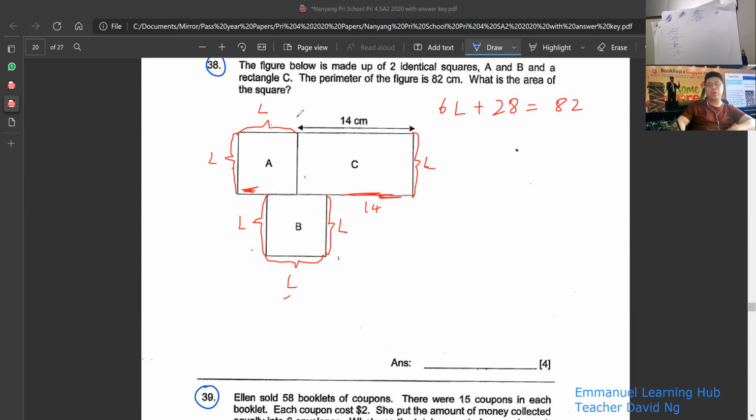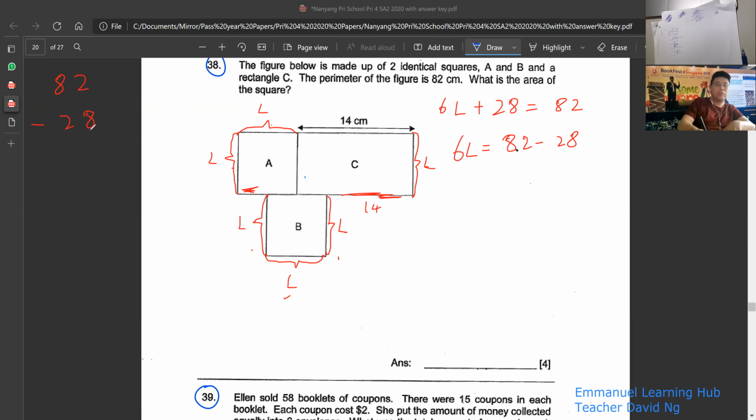Yes, because the perimeter is 82. So 6L is equal to 82 minus 28. Do you agree? You understand why I minus 28?